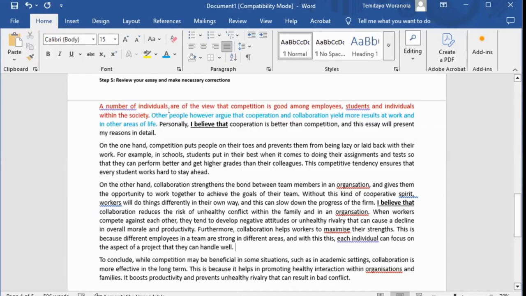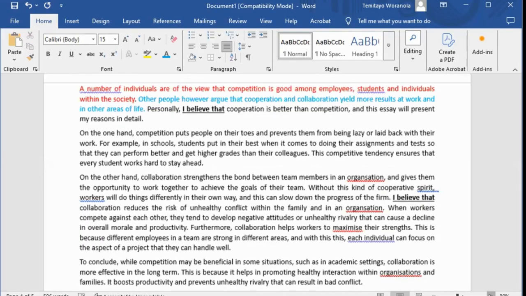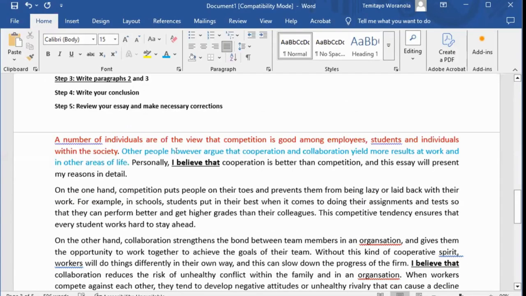A number of individuals have the view that competition is good among employees, students, and individuals within the society. Other people, however, argue that cooperation and collaboration yield more results at work and in other areas of life.